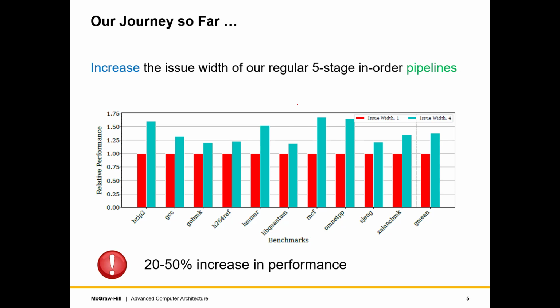The first is that if we take a regular 5-stage in-order pipeline, where we look at the pipeline as a structure like this, instructions flow in and go through the 5 stages, so no instruction overtakes the other, and then they exit.